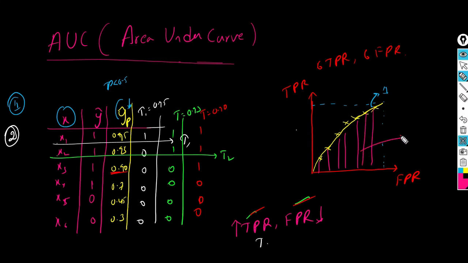This area is going to be the AUC score. The maximum area is going to be 1, so the AUC score is going to be 1, and the minimum is going to be 0.